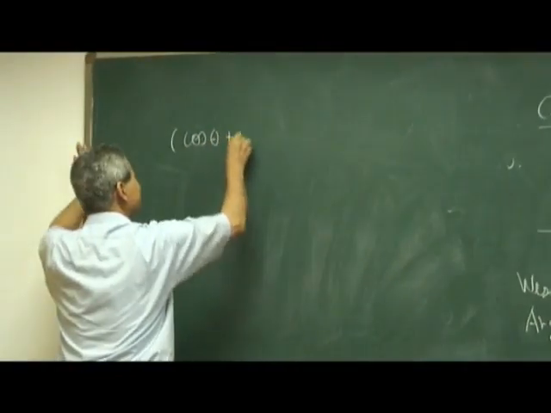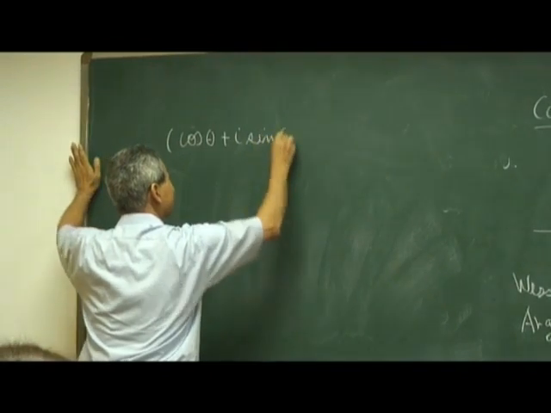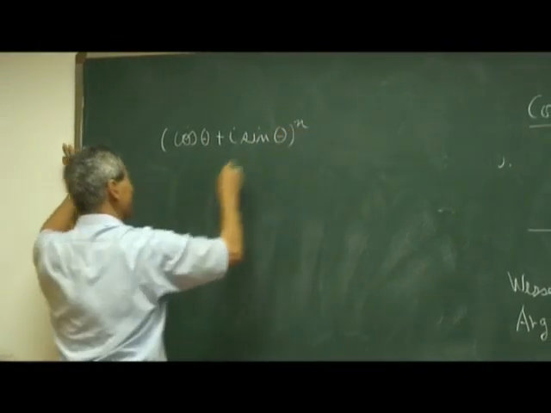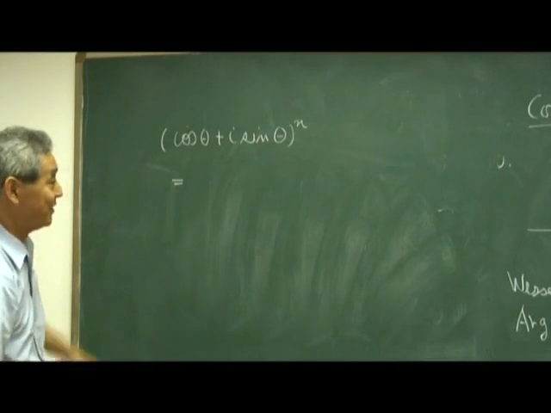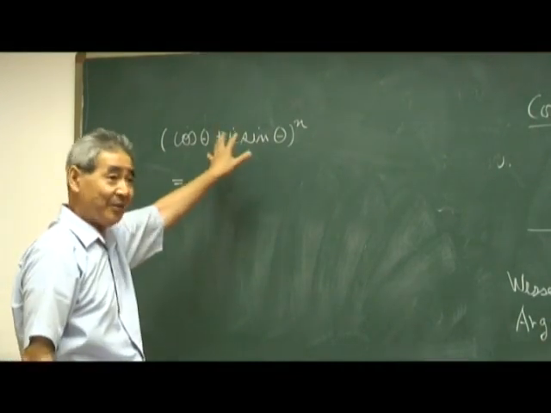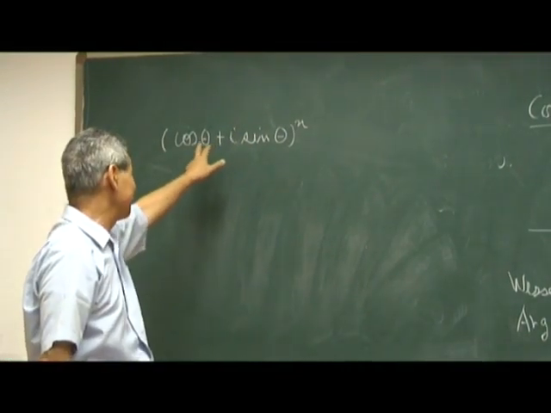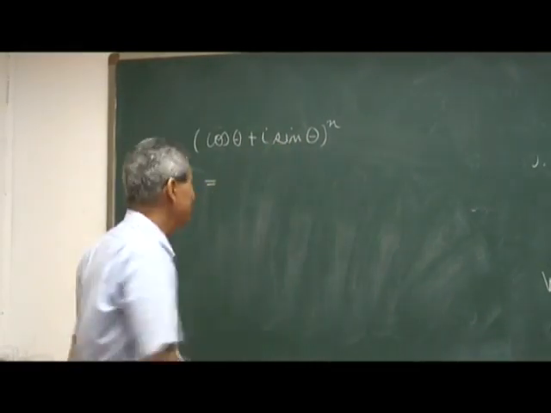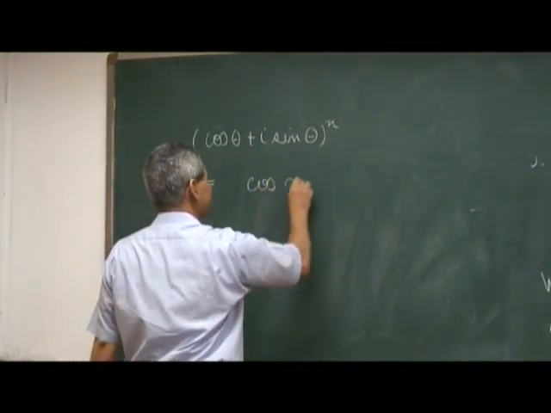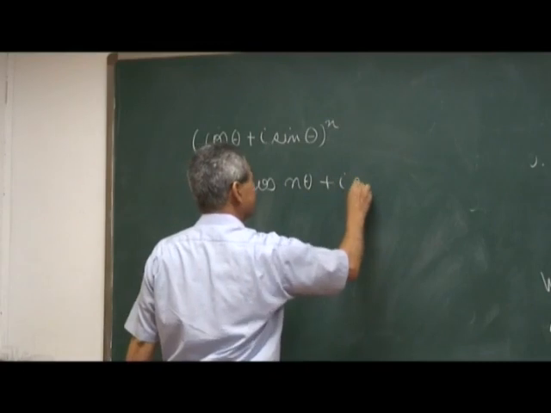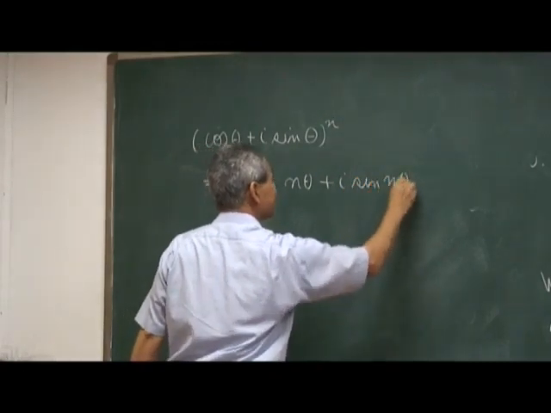So, a simple application is the so-called De Moivre's formula. So you take the nth power of cosine theta plus i sine theta, then you get cosine n theta plus i sine n theta.